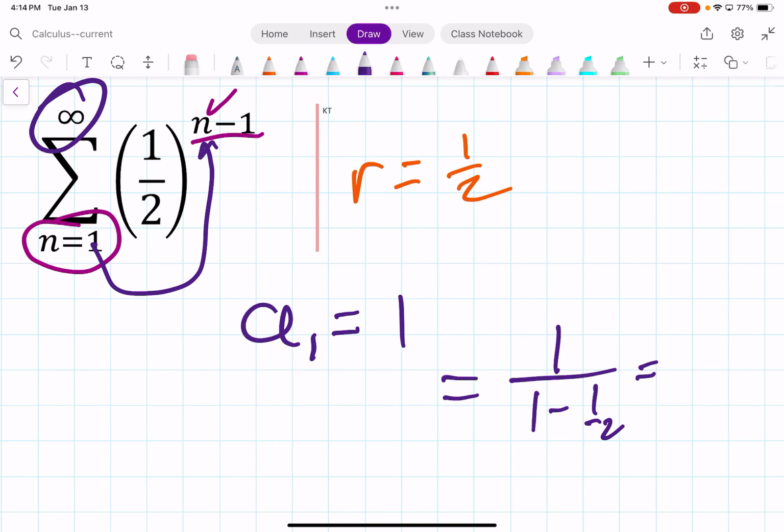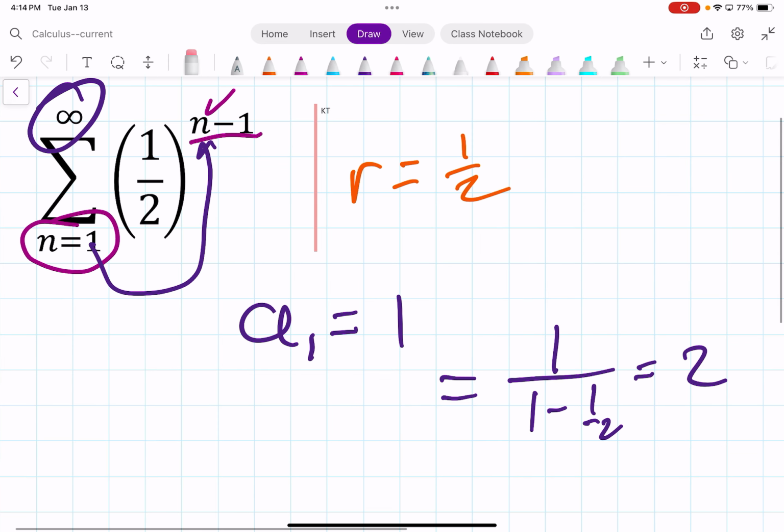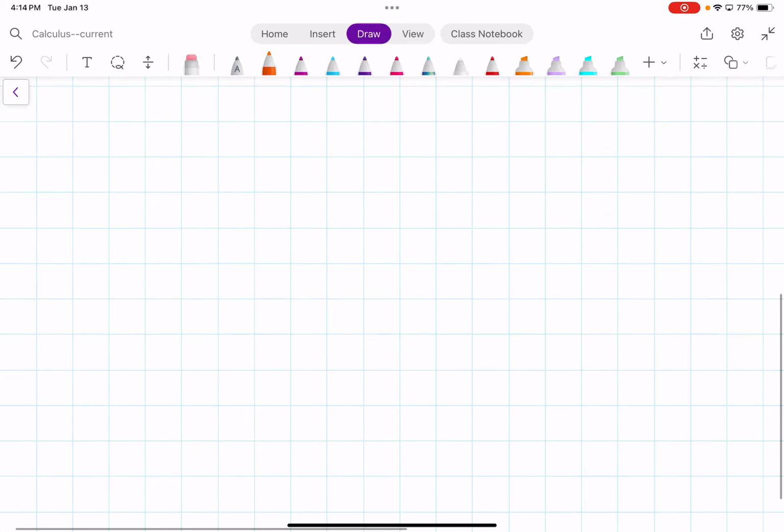Which is 2. Notice this is the 1 plus a half plus a quarter. Do you spot it? If I substitute it in, it is it. But when I start writing it differently, you're like, that seems different. But this is like the 4th time that I've referenced this same series today, right? So it's just getting used to the notational changes for it.